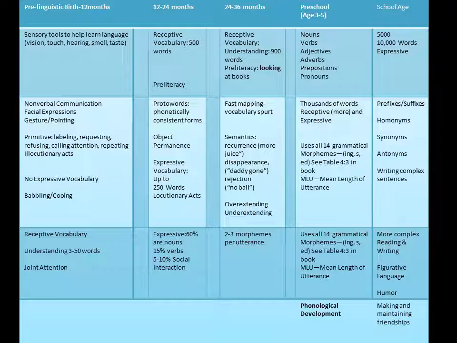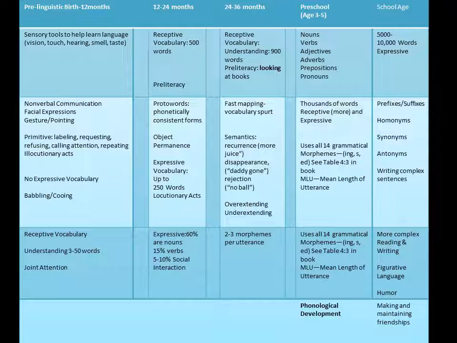The next stage of development, which is the second year of life from 12 to 24 months, is when children begin to really build their language skills, especially in the areas of semantics and pragmatics. Receptive language or vocabulary has increased to around 500 words, and they're producing about 250 words by their second birthday.